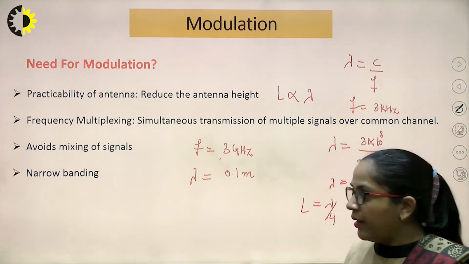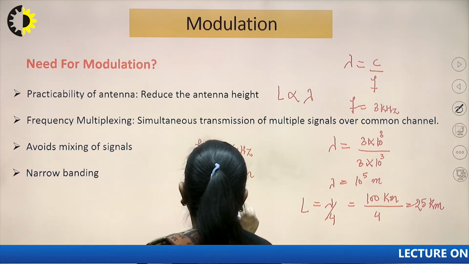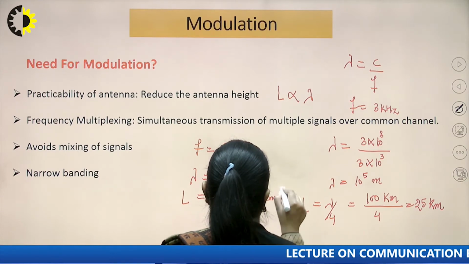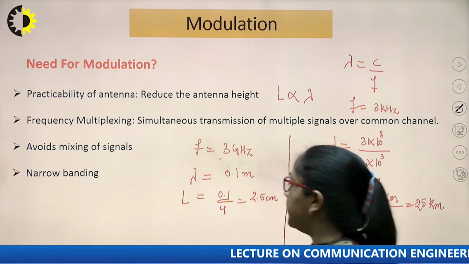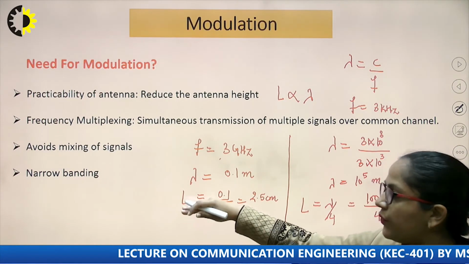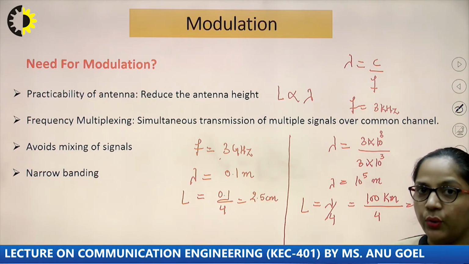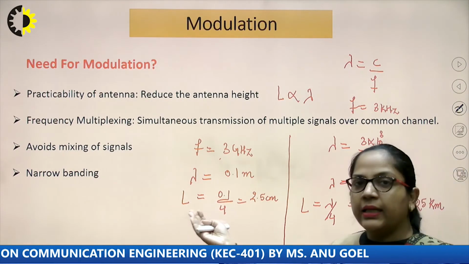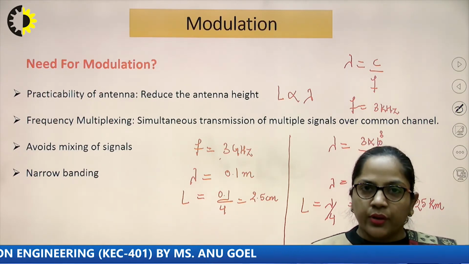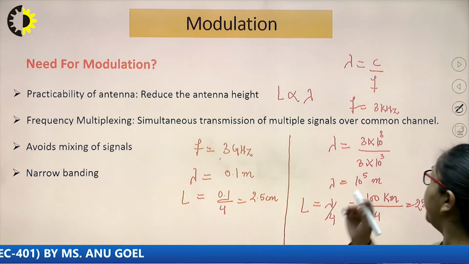For the same signal after modulation, the length of the antenna required will become around 2.5 centimeter. So, after modulation, this length of the antenna is practically possible. To realize an antenna of this height is feasible. So, modulation will help us to reduce the height or the size of the antenna.